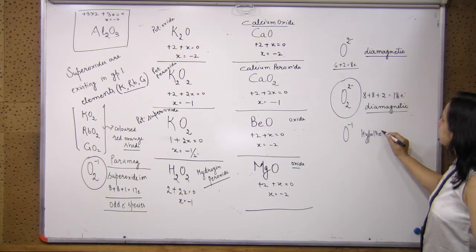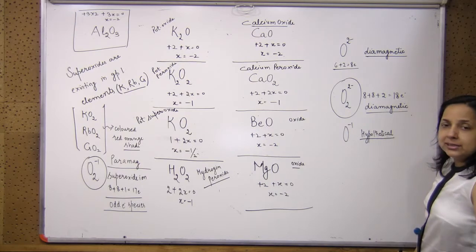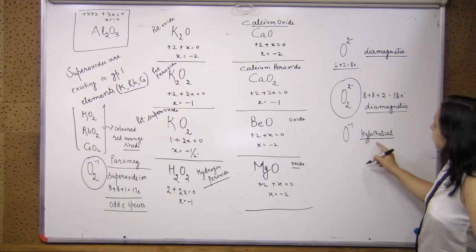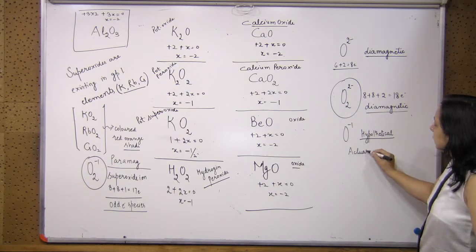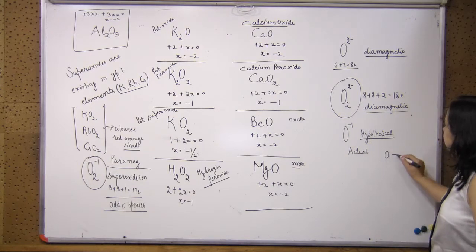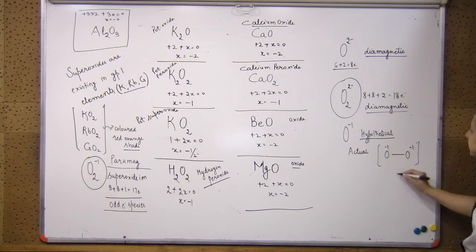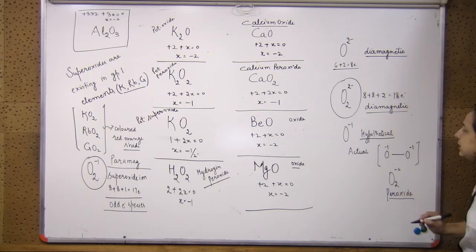And if we write O1 negative, this is just hypothetical. O1 negative is not single oxygen with negative charge. This is not existing, not stable, not possible. Whenever we say O1 negative, it's hypothetical. Actual is oxygen, single bond oxygen, one negative charge, and this is named as O2 2 negative. And this is peroxide. Peroxide is not single oxygen with negative charge.